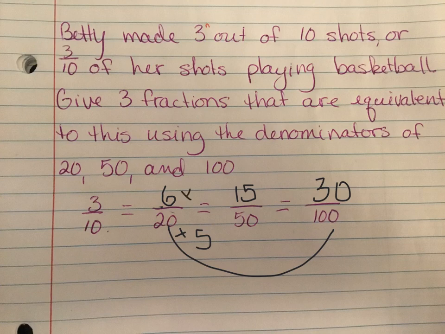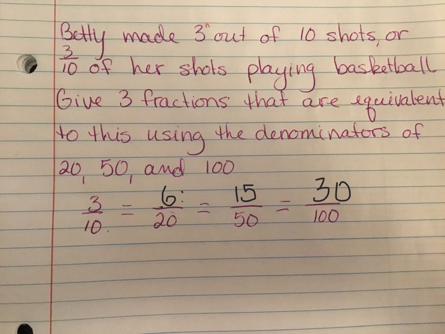Is this true up top? 6 times 5, is that 30? Yep. We could work backwards too with this other fraction. We could say, okay, well, 50 times 2 is 100, and 15 times 2 is 30. That's how we check our work to make sure we have an equivalent fraction throughout.